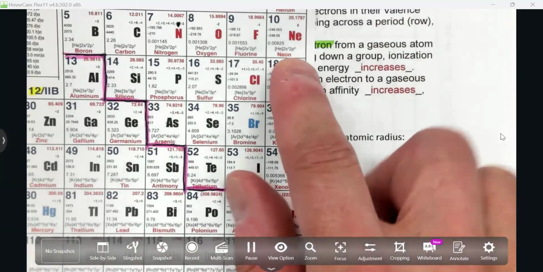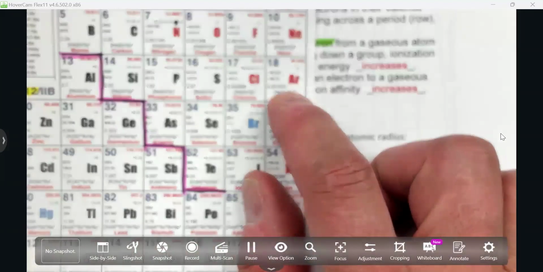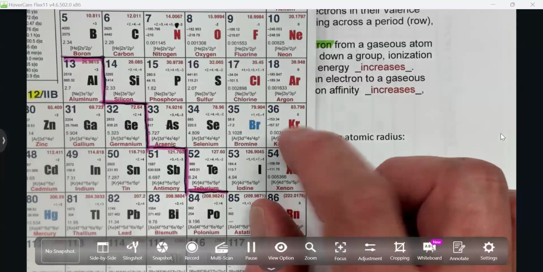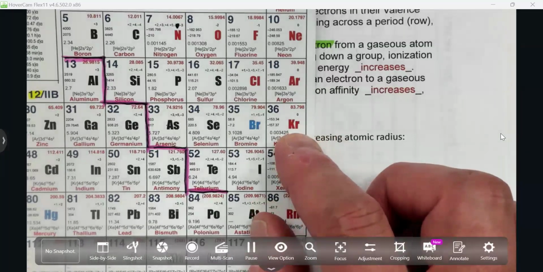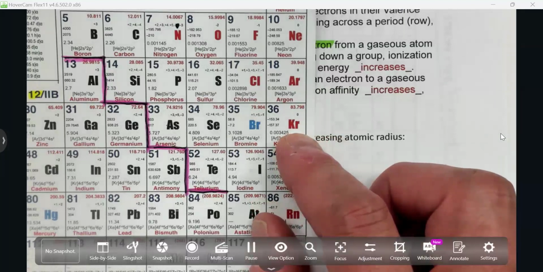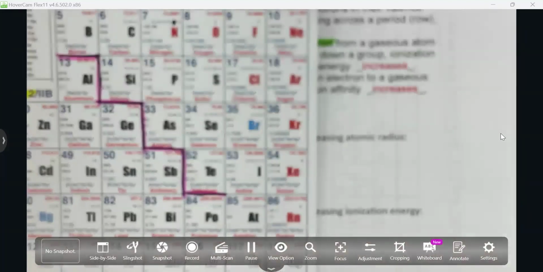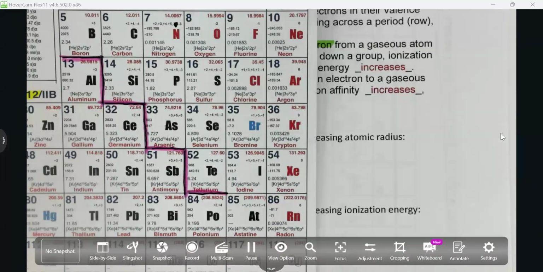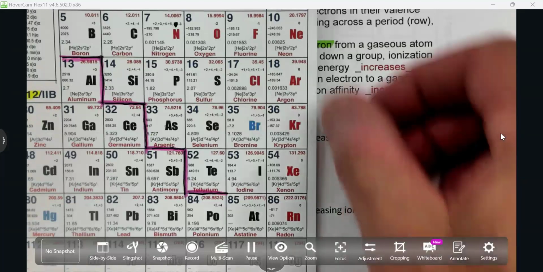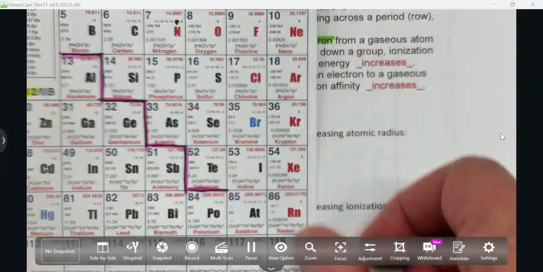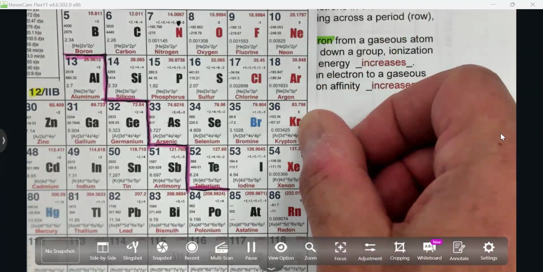There's no such thing as neon chloride, argon nitrate, argon phosphate, krypton chloride, anything like that. They don't. How do you make a compound? It's the interaction of electrons, correct? It is the interaction of electrons. The most stable configuration, 8 valence electrons.